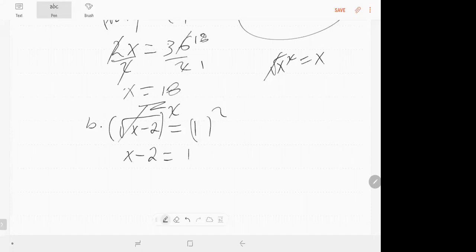So this is simply a linear equation. When we transfer the 2 to the right side, x is equal to 1 plus 2. So x is equal to 3. So the answer for the square root equation the square root of x minus 2 is equal to 1 is x is equal to 3.